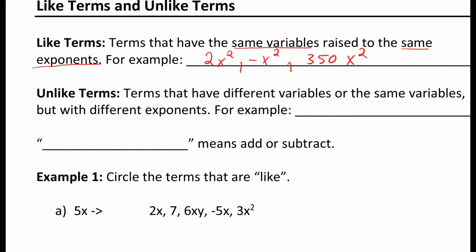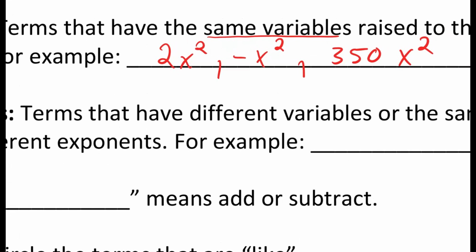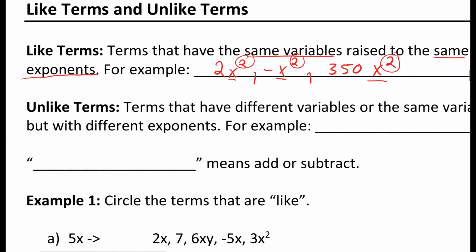Now our coefficients in front of our variables can be different, and that's going to come into play in how they add together or subtract from each other, and it's going to determine our answer. So when we're looking at like terms, they have to have the same variable, which is x, and the same exponent, which in this one would be 2.